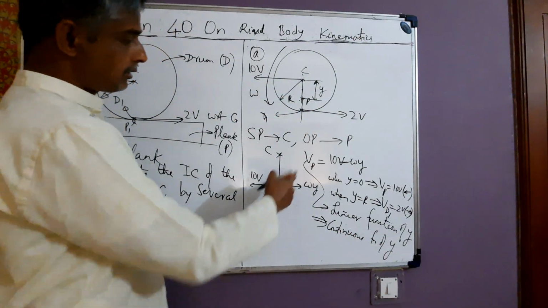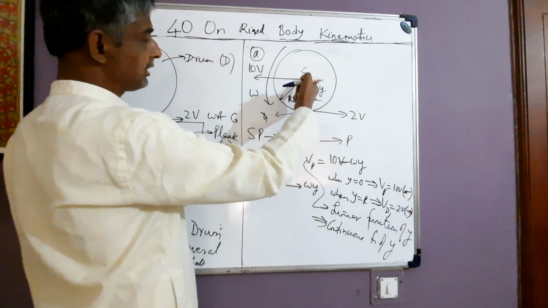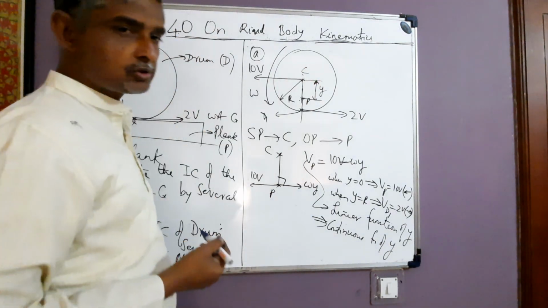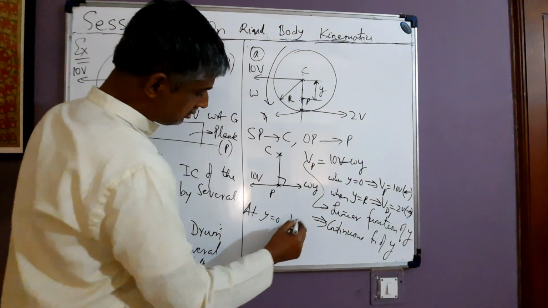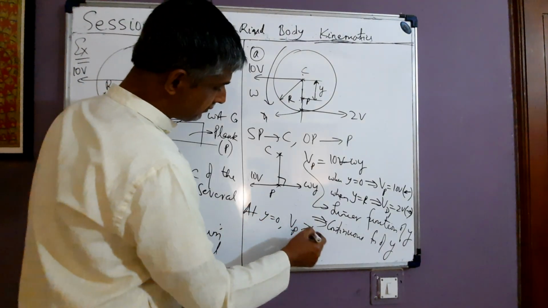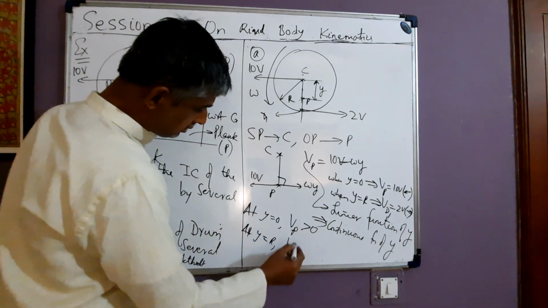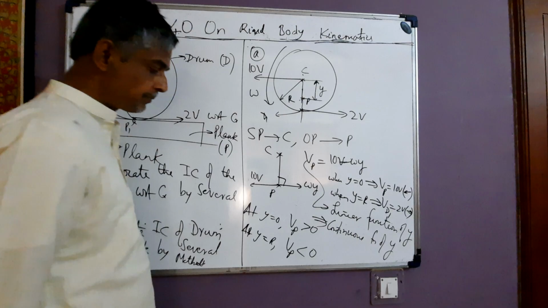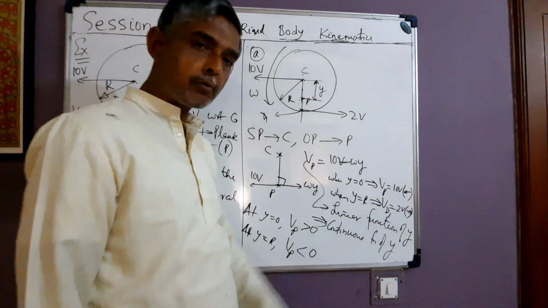Now the sign of Vp: suppose we take the leftward direction to be positive. So at y equal to 0, Vp is positive. At y equal to r, Vp is negative. And in the interval 0 to r, Vp is a continuous function of y.